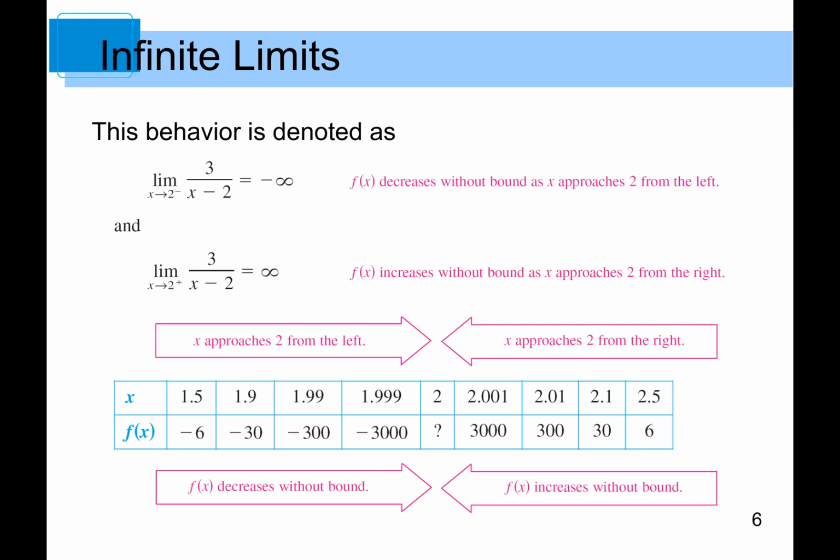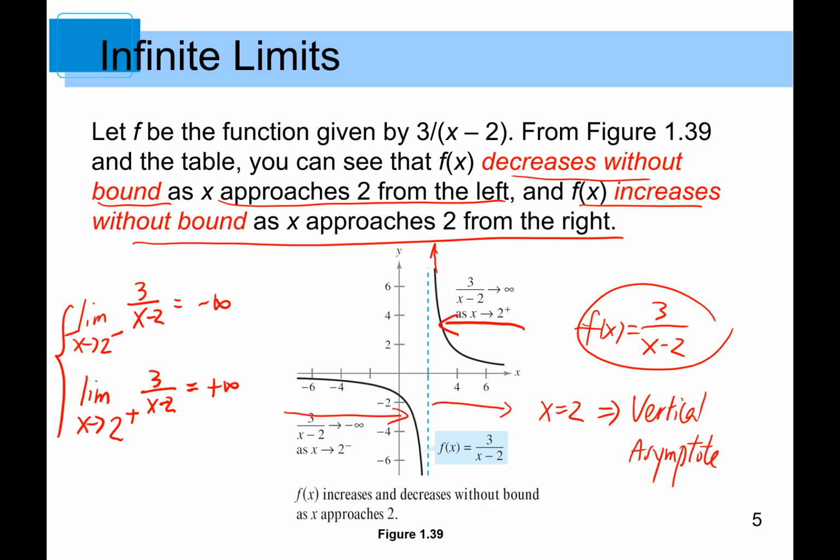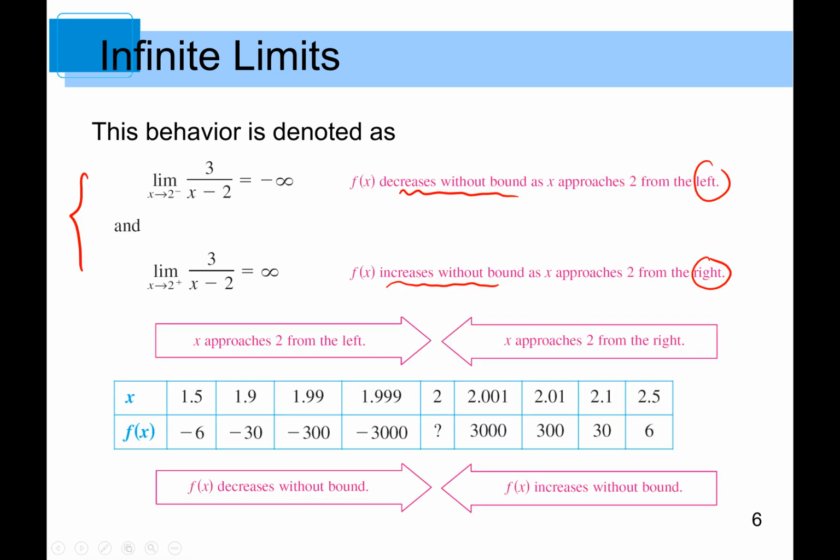Okay, so this is a summary of what we just discovered. The behavior is denoted as f of x decreases without bound as x approaches 2 from the left, and f of x increases without bound as x approaches 2 from the right-hand side. I created a table to investigate the limit, and the table confirms what we see from the graph. f of x decreases to negative infinity as we approach 2 from the left-hand side, and from the right-hand side f of x increases to positive infinity.